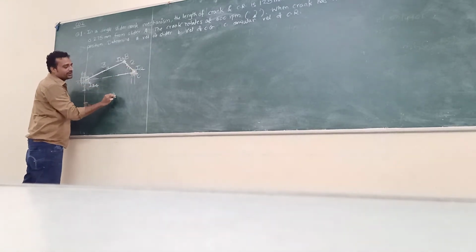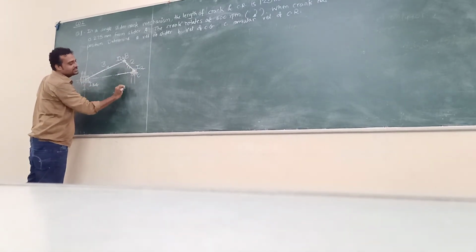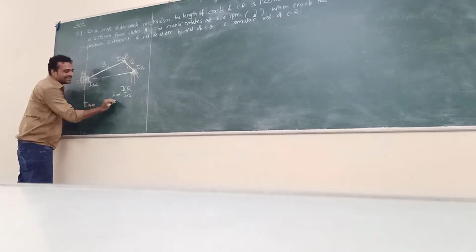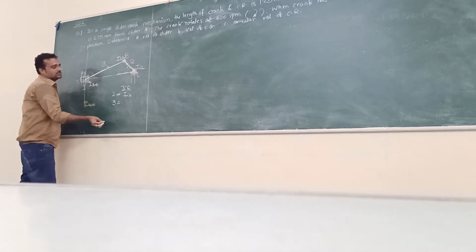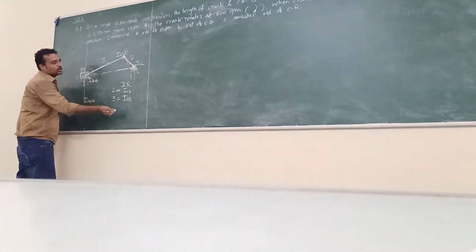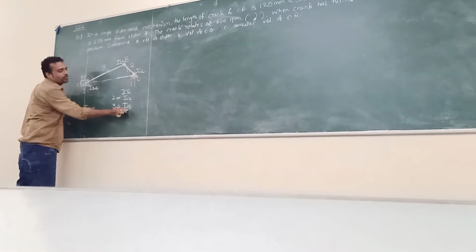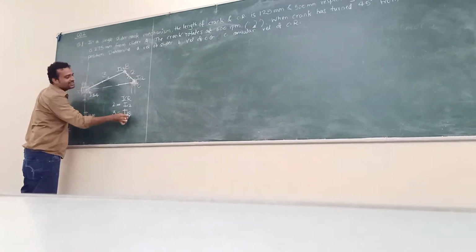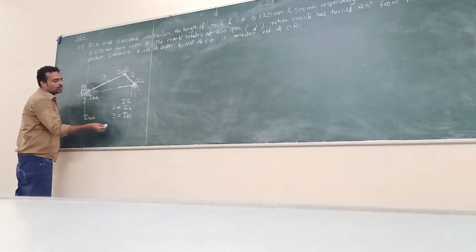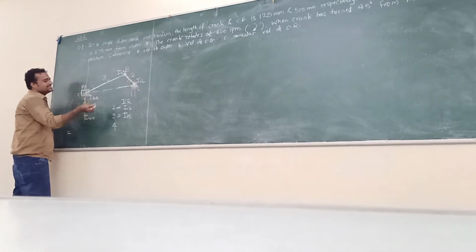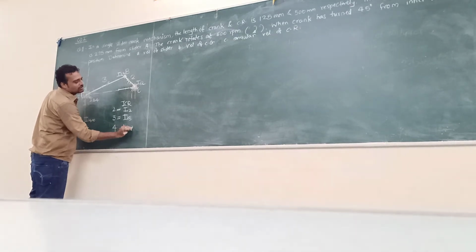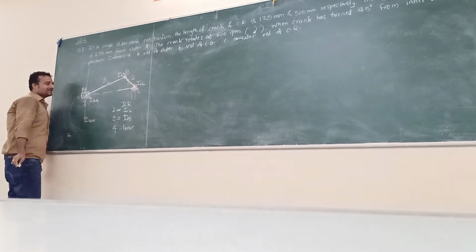For link number 3, the ICR will be I13, because 1 represents a fixed point. So I13 will be a point about which link number 3 is moving, and link number 4 is undergoing linear motion, so there is no question of finding an ICR for that link.